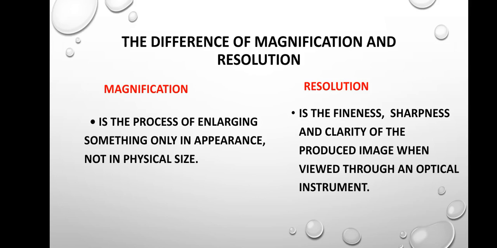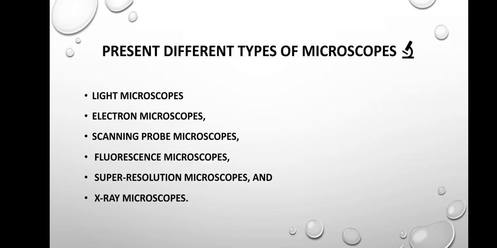Now that you already know the magnification and resolution, here are some different types of microscope, such as light microscope, electron microscope, scanning probe microscope, fluorescent microscope, super resolution microscope, and X-ray microscope.